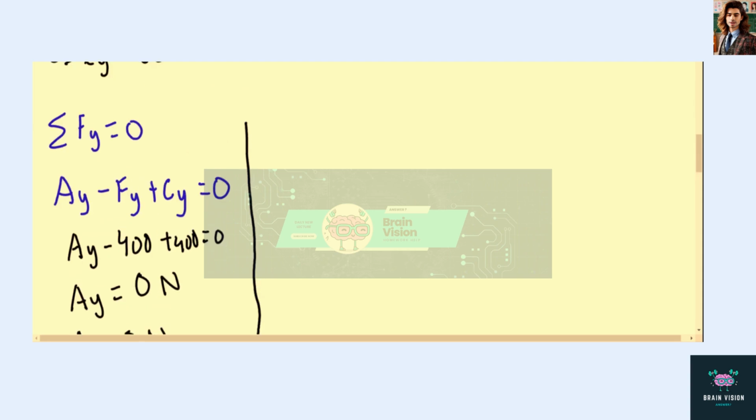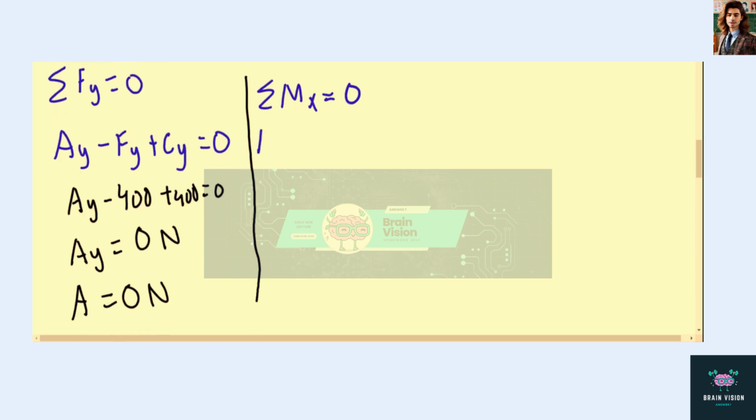So now we're going to take the sum of moments, using the same free body diagram. We're going to take the sum of moments about the point X, set it equal to 0, and we can write it as the moment about A minus c of y times 200 plus f of y times 320 is equal to 0.